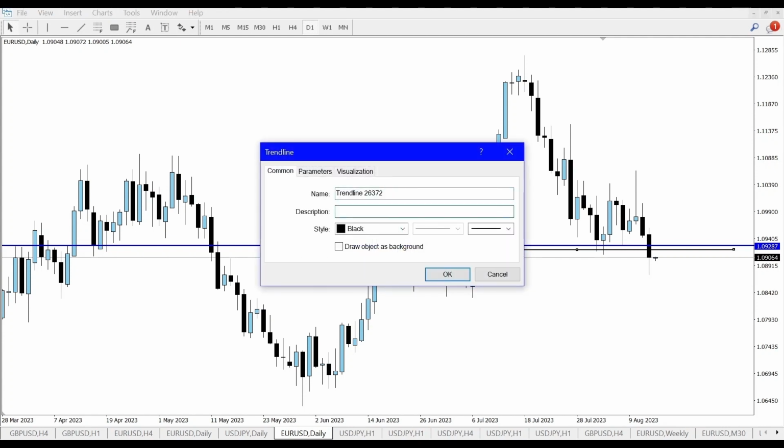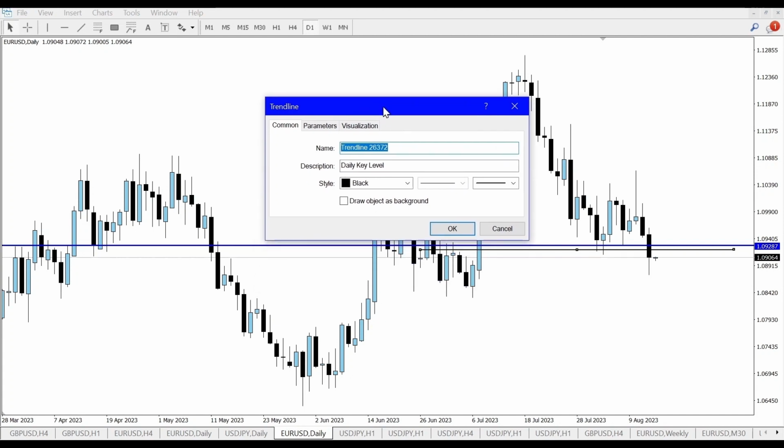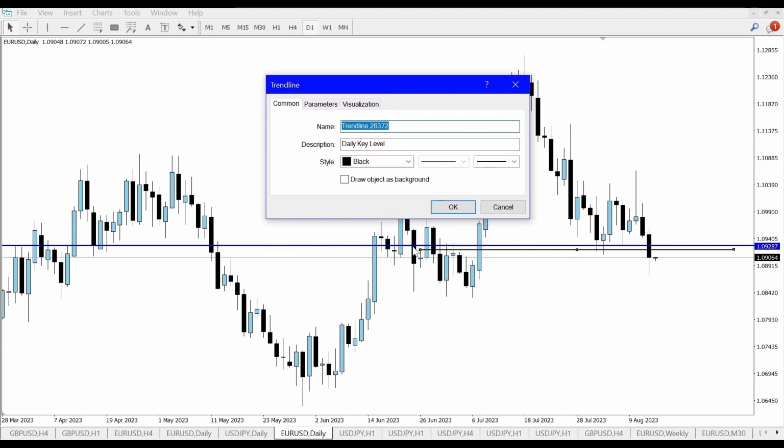So the first one, we have daily key level, and it's a bearish fair value gap. So it is a reclaimed fair value gap. Why is it reclaimed? It's reclaimed because we came down, came above it, and then now we're below it again. So it's a reclaimed fair value gap.